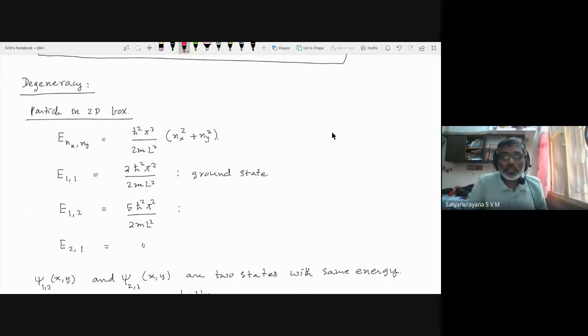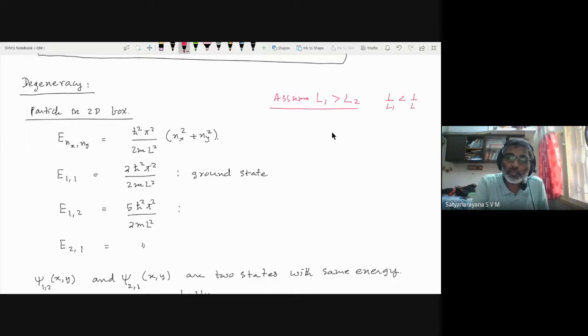Let us say that L1 is greater than L2. That means 1 by L1 is smaller than 1 by L2. So now what happens in this E12 case? Whatever I'm writing in red is for the anisotropic case.